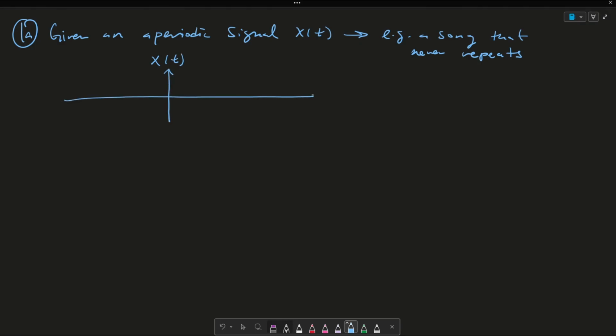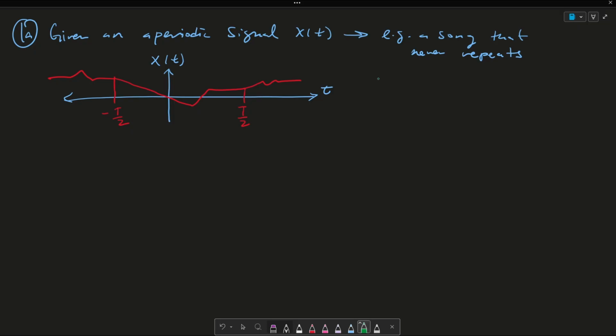So I'm just going to draw a quick aperiodic signal here. And I'm going to say then that imagine, right, from negative t over 2 to this t over 2, we get a signal that looks like this. But then the signal does not repeat itself, right? So afterwards, it looks kind of like that. So again, basically a song that never repeats itself, right?